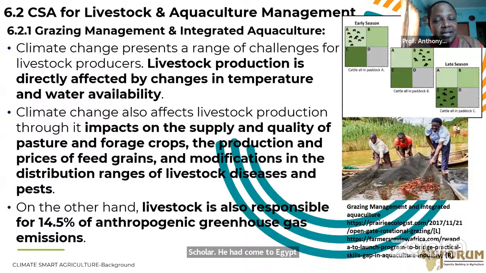He was doing his postdoc, and he visited us, and he told me, do you know that we should reduce our livestock because they are the greatest emitters of methane? And I refused. I said, no, how is that? And we went ahead and discussed, and I started reading about it.